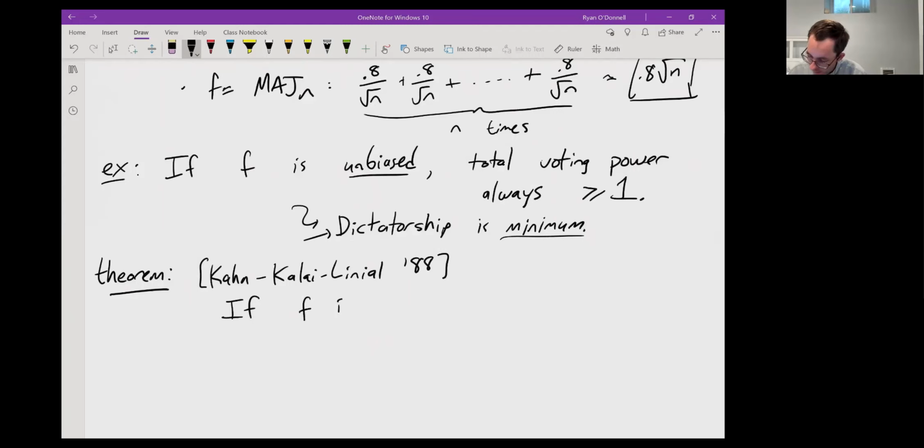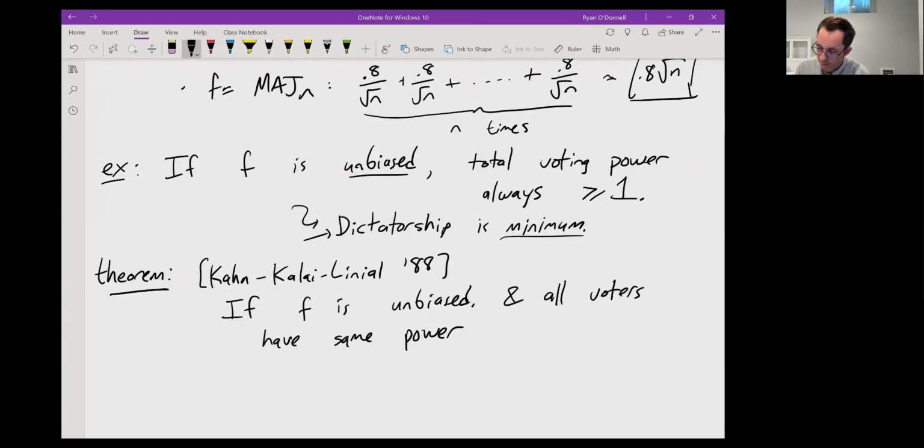If F is an unbiased rule, and let's also assume that all the voters have the same power, so as to get rid of dictatorship, but that still doesn't mean it's majority. It could be a two-tiered majority where all the groups have the same size. That's one example. In this case, they prove that the total voting power is more than 1; it's always at least about log n, the logarithm of n, which is bigger than 1.